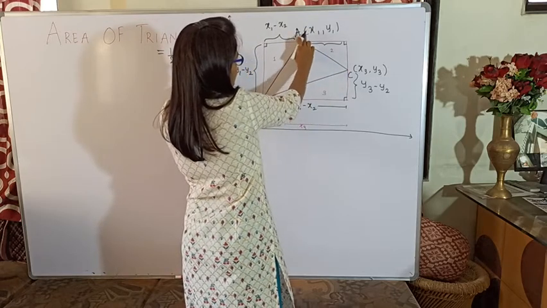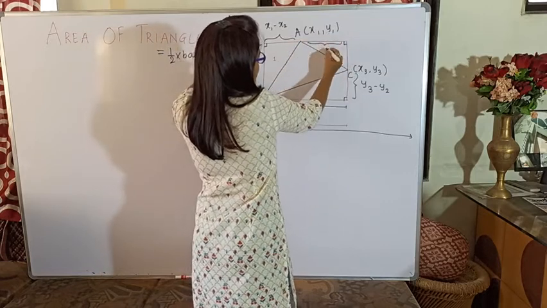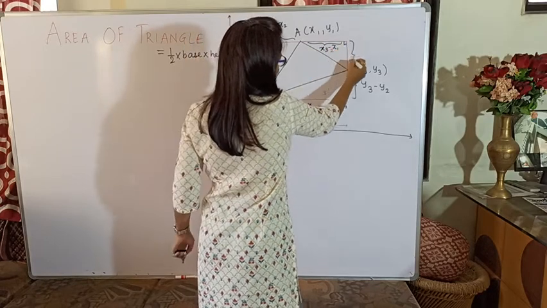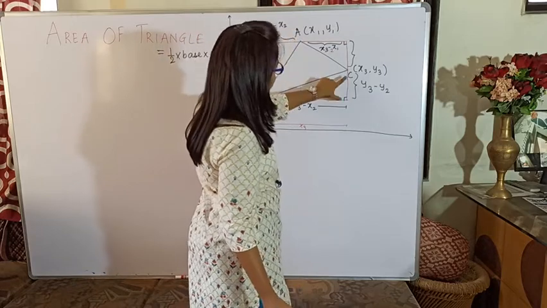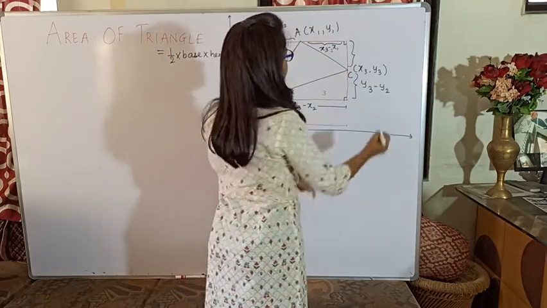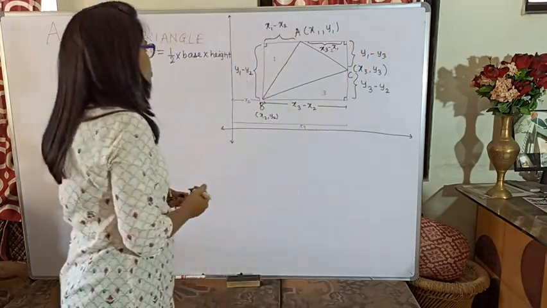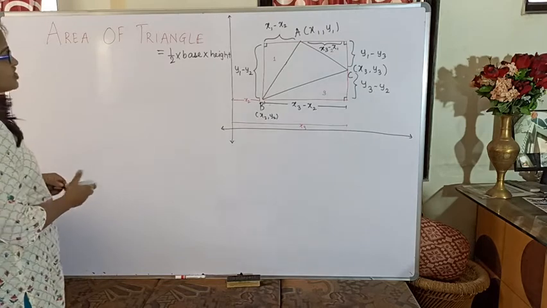This length is x1, whereas this length is x3, and therefore this length will be x3 minus x1. And the last remaining length, this total length is y1, whereas this length is y3, so it will be y1 minus y3. So now you have got all the lengths of the three triangles, and we just have to derive the formula.